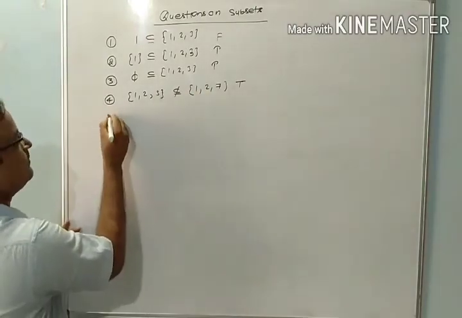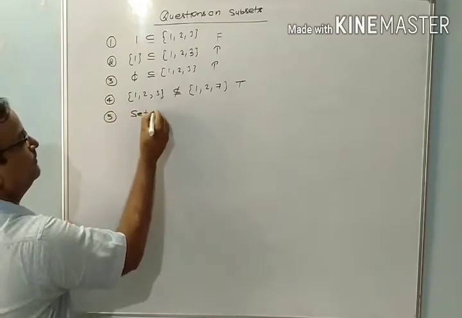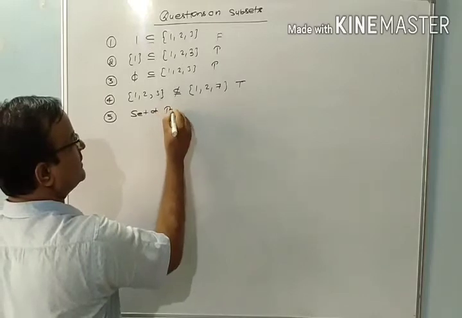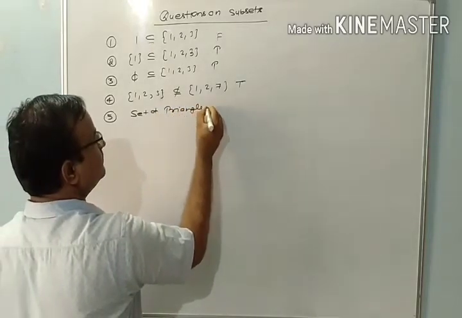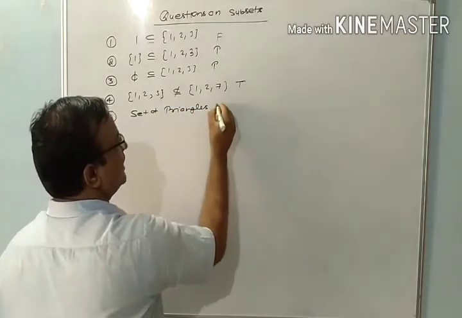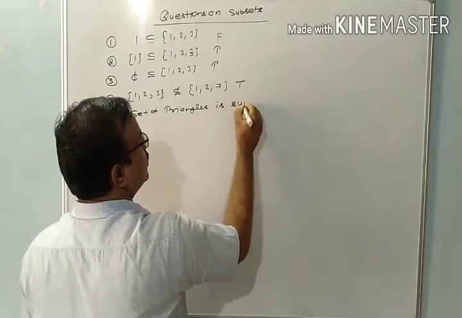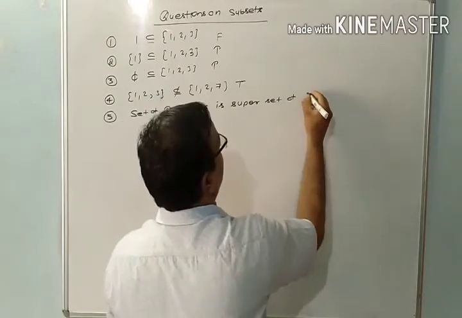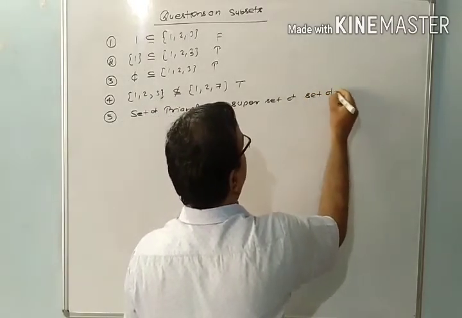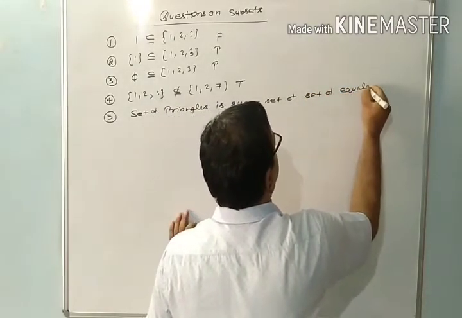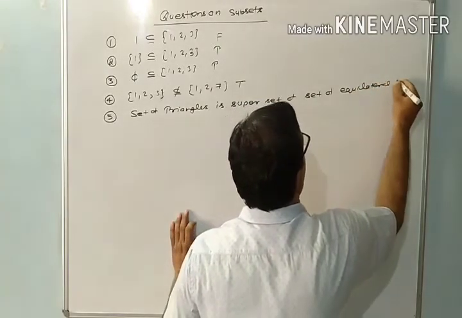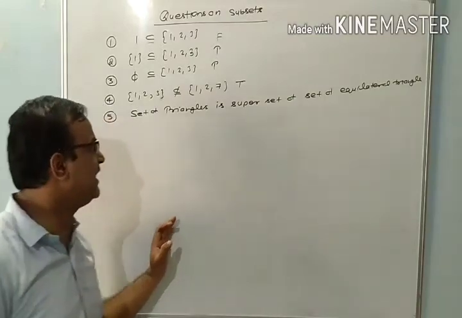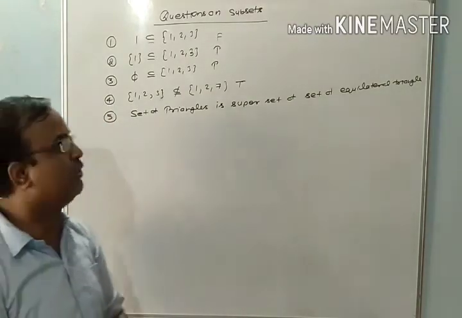Now, the set of all triangles is a superset of the set of equilateral triangles. This statement is written and we have to check whether the given statement is correct or not.